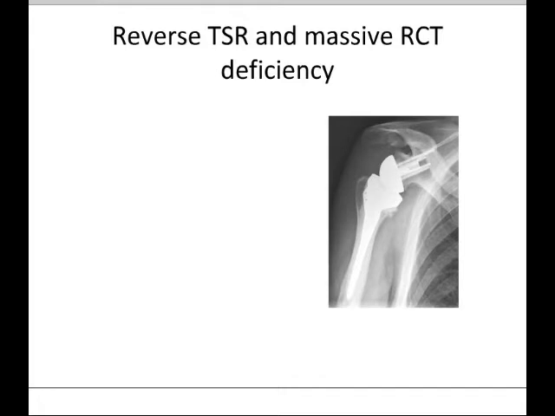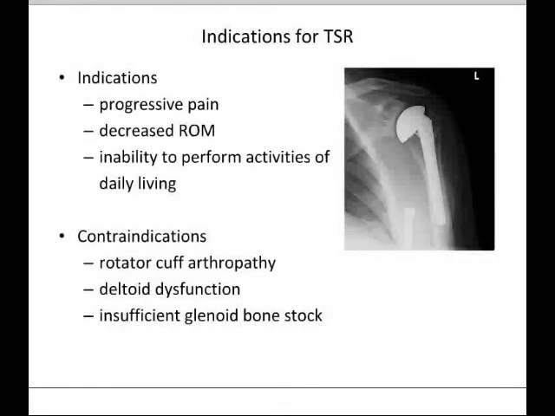Indications for total shoulder arthroplasty are progressive pain, reduced range of motion of the shoulder, and loss of function. And contraindications are cuff arthropathy, deltoid dysfunction, and like I've said before, insufficient glenoid bone stock.